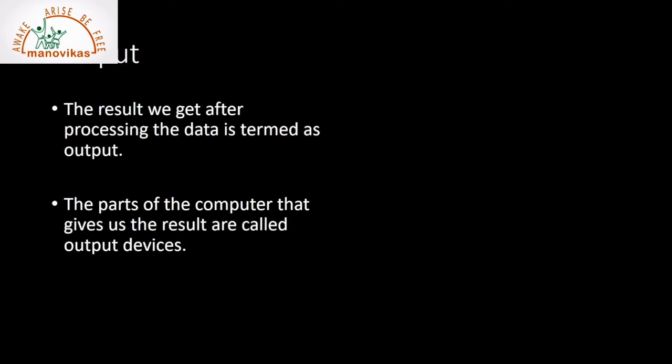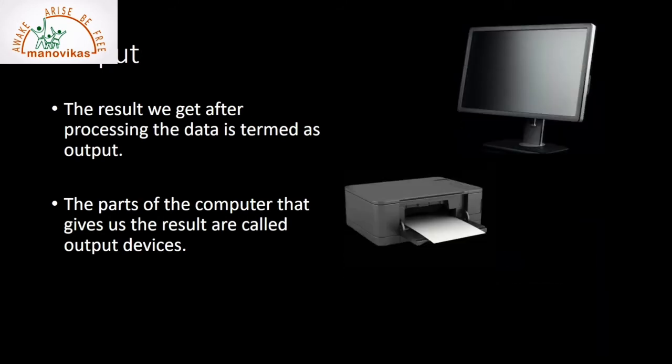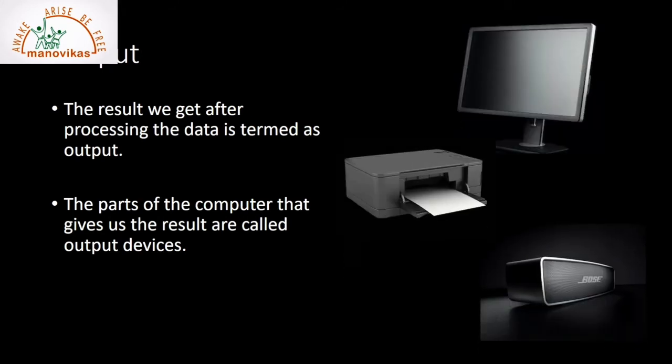What is an output? Output is the data that we get after the processing is done. Output is meaningful information. The parts of the computer that give us the output are the monitor, printer, and a speaker.